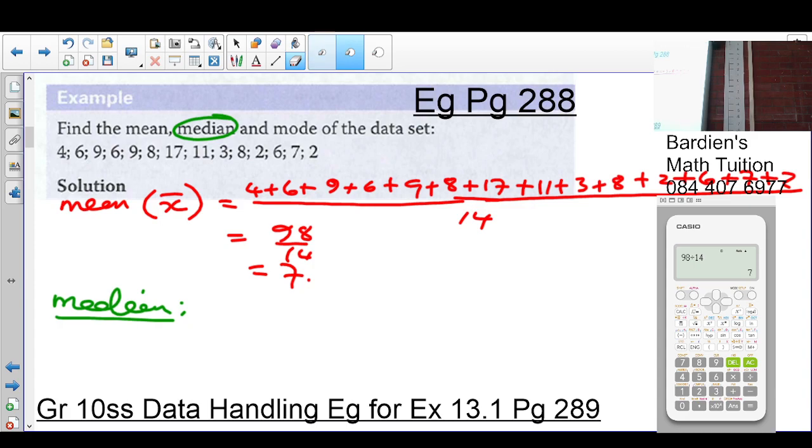So let's go. The smallest number is 2. There are two 2s. Then 3. How many 4s are there?